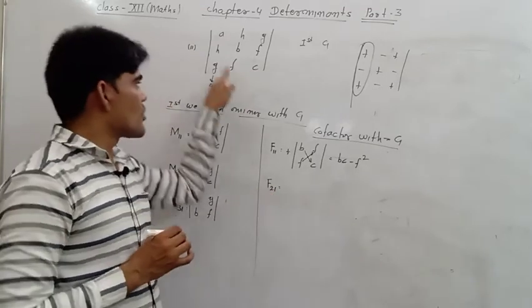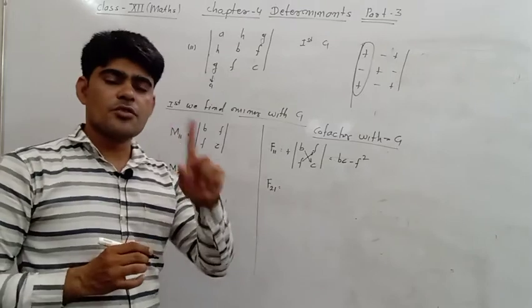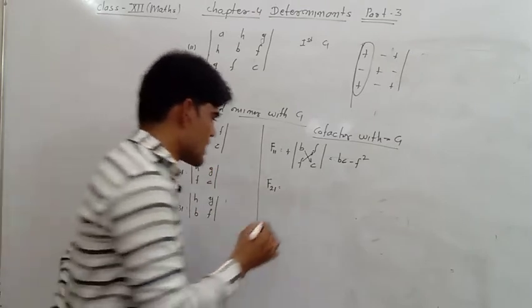Second row, first column. 2 plus 1 is 3, so we use the negative sign.